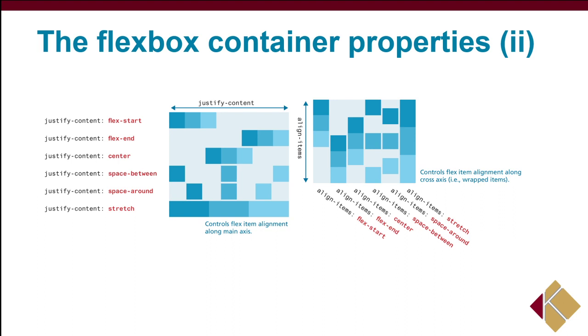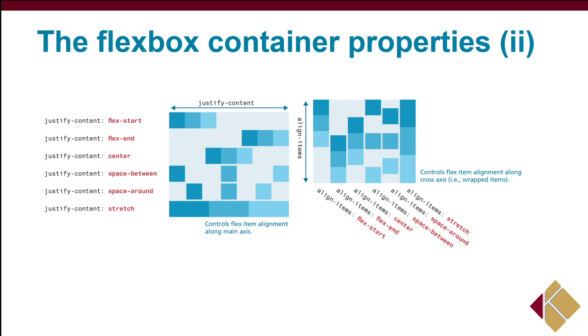If you think about it as the dark blue is 1, the middle blue is 2, light blue is 3, it starts with laying down 3 and then 2, 1. Center means that it finds the center point, slaps that center item there, and then puts the next ones around it relative to that.